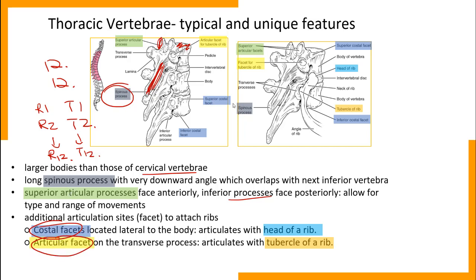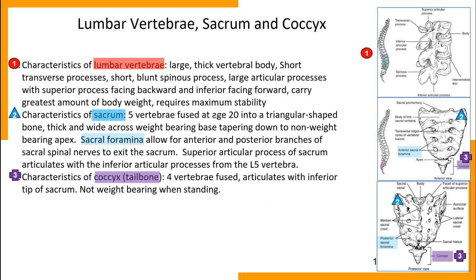So you've got the articular facets over here, and then you've got the costal facets over here. Again, we're going to look at that a little bit later as we move on to a discussion of the thoracic cage, after we go through the last set of vertebrae, which is the lumbar vertebrae, the sacrum, and the coccyx.